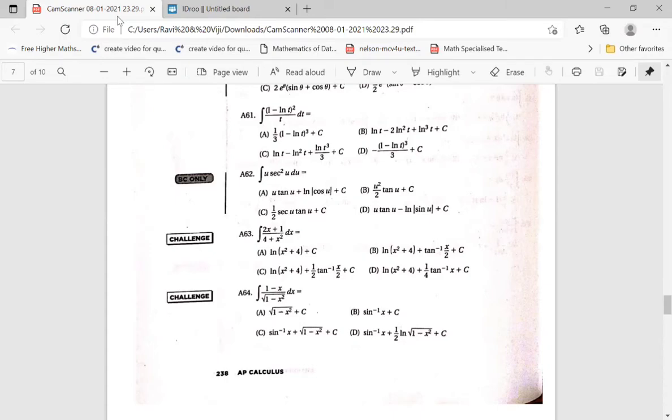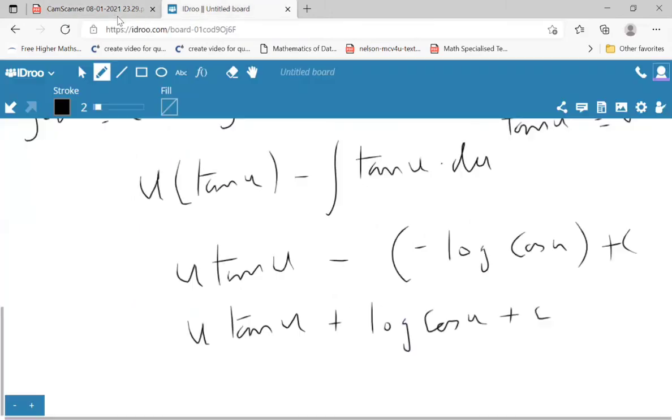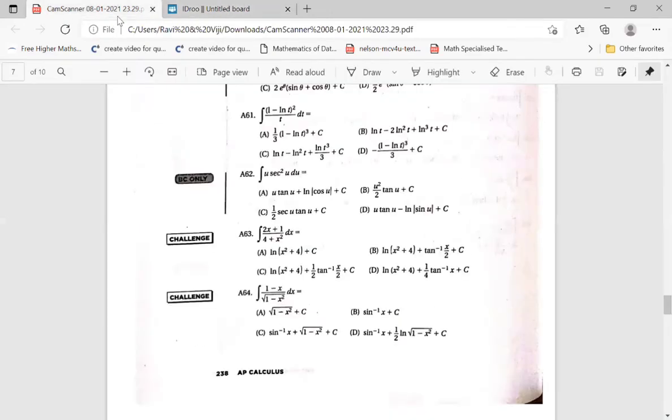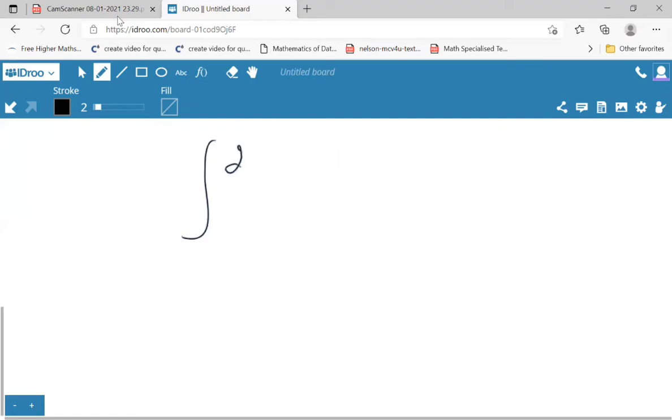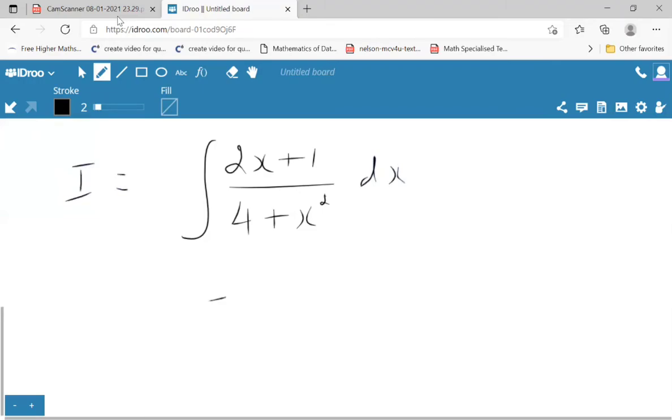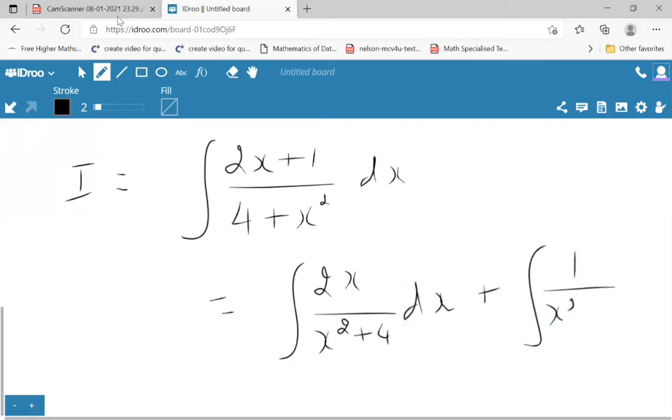63rd, integration of 2x plus 1 divided by 4 plus x squared dx. Now, let me separate this. I'll write it as integration of 2x by x squared plus 4 dx plus integration of 1 by x squared plus 4 dx.